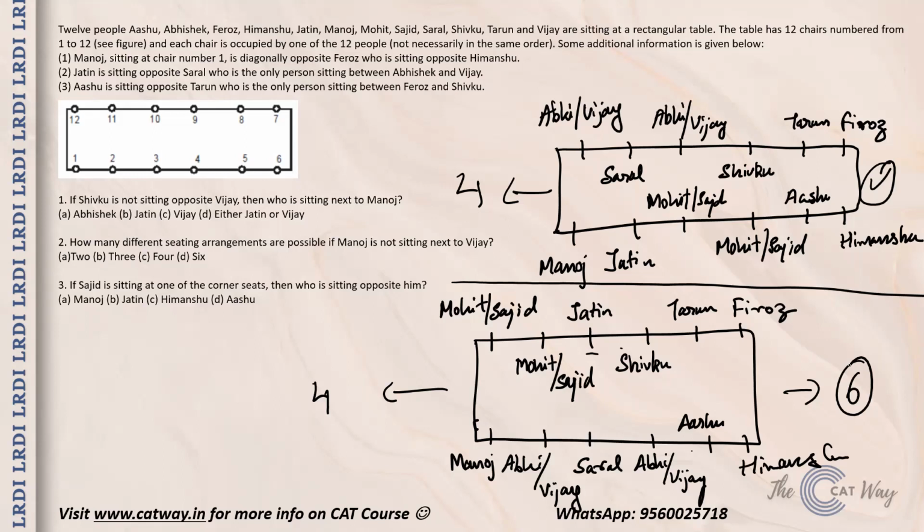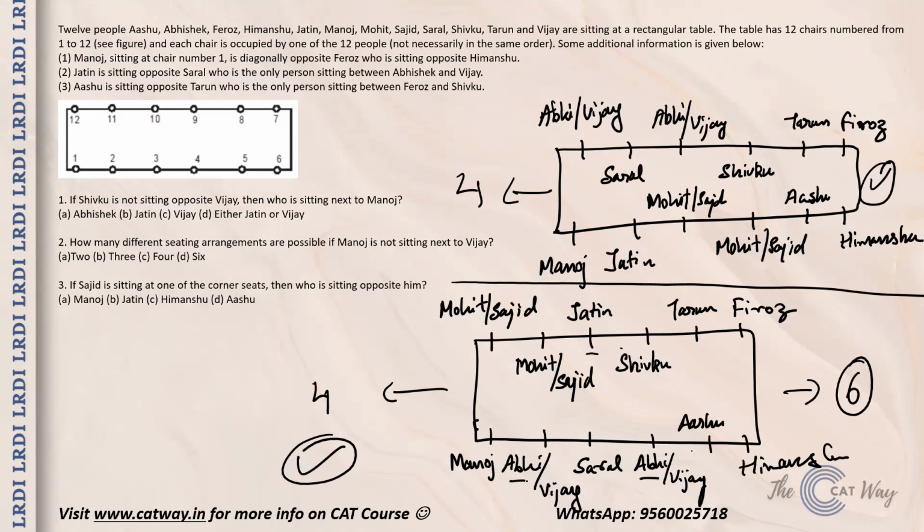And now the question is that who is sitting next to Manoj? Okay. Is the position of Manoj fixed? Yes, the position of Manoj is fixed. So if we talk about all these 4 cases, in that case, Jatin is the person who is sitting next to Manoj. So Jatin is one possible answer. And from the 2 possible cases that we got from this particular arrangement, because Vijay is not sitting over here, that means Abhi is definitely sitting over here.